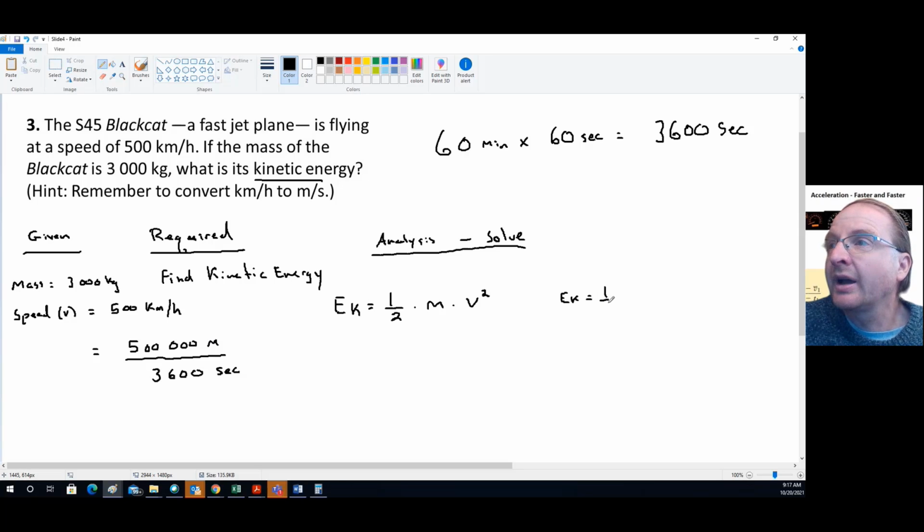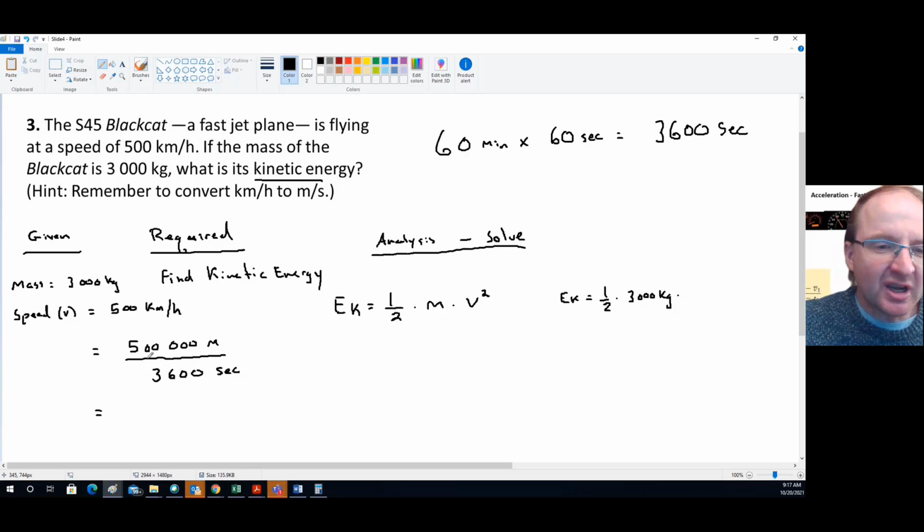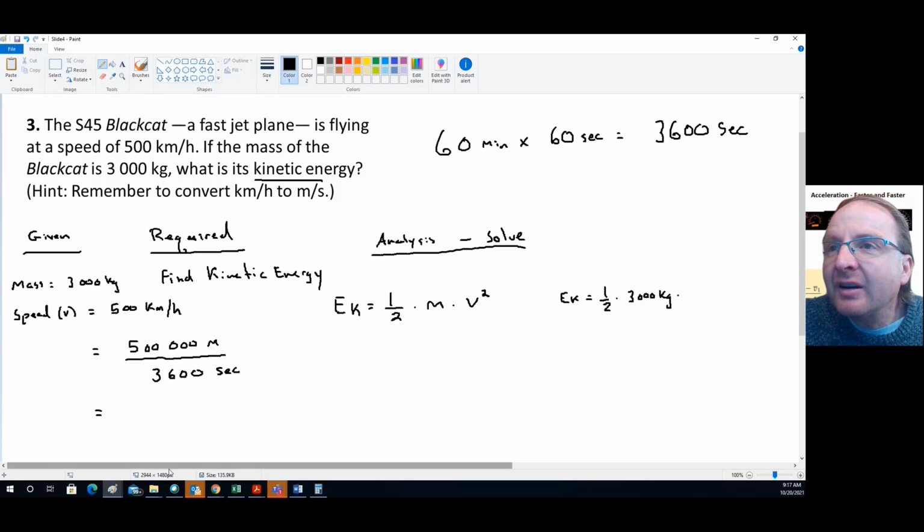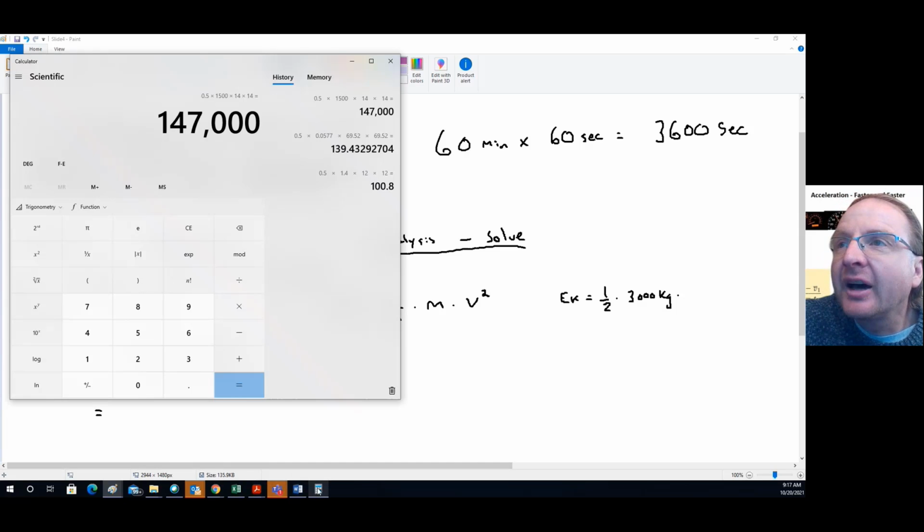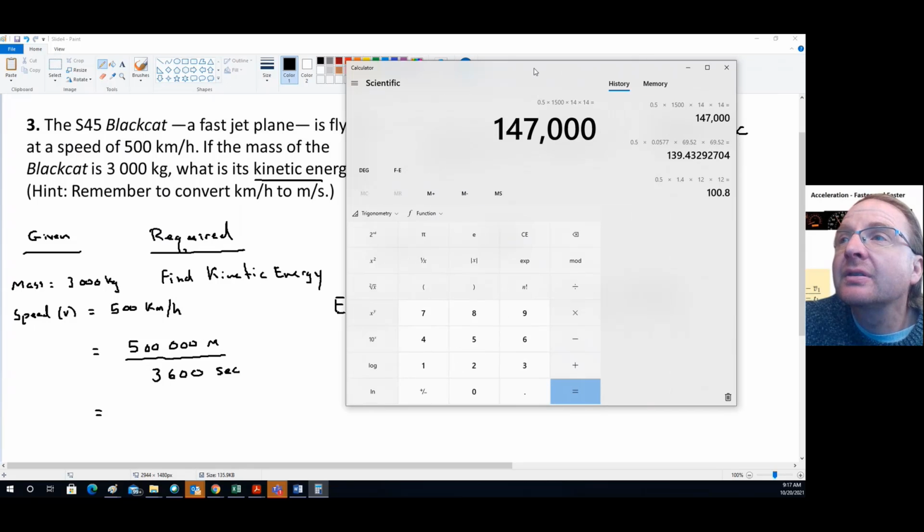EK equals 1/2 times our mass of 3,000 kg times, oh, yeah, we want to get this answer here. I was thinking I had my meters per second. I don't. 500,000 divided by 3,600.